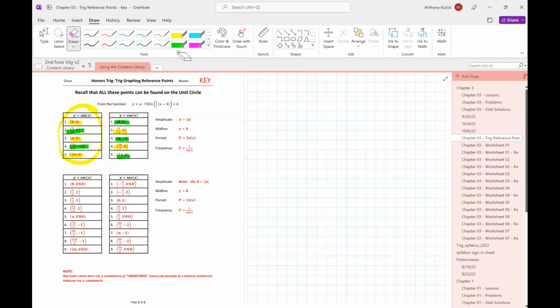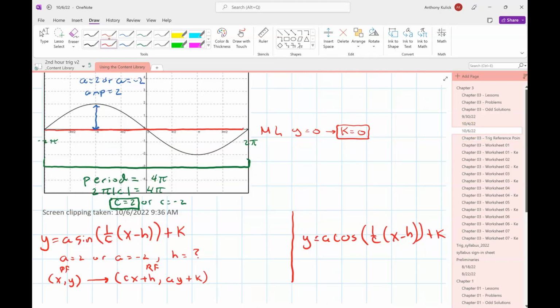So I'm going to go ahead and pick 0, 0, which is a midline point. And I'm going to match that up with some other midline point from my graph. So I have a midline point here, a midline point here, and a midline point there.